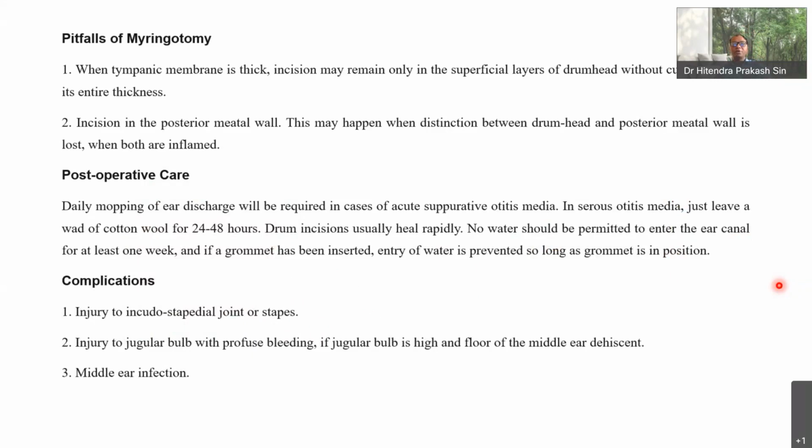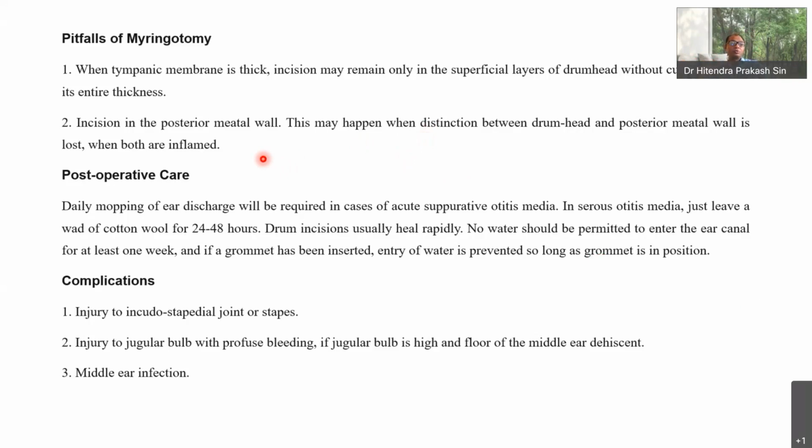So you have cut, but the incision has not reached the last layer of the tympanic membrane, and the myringotomy fails. Sometimes there is so much inflammation that the distinction between the tympanic membrane and the posterior meatal wall is lost. So you may wrongly give an incision in the posterior meatal wall, and the myringotomy may fail.